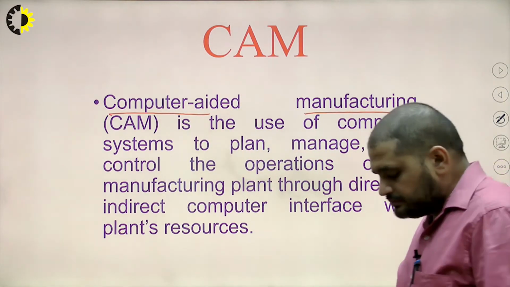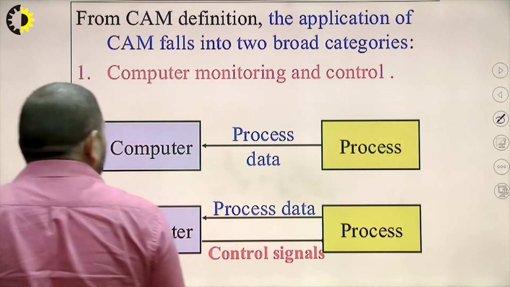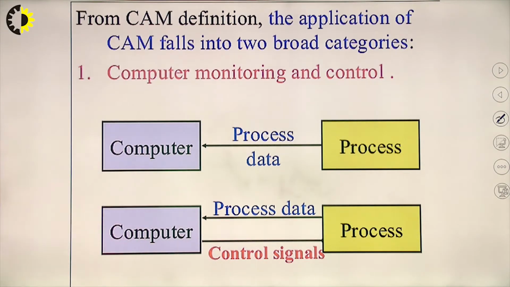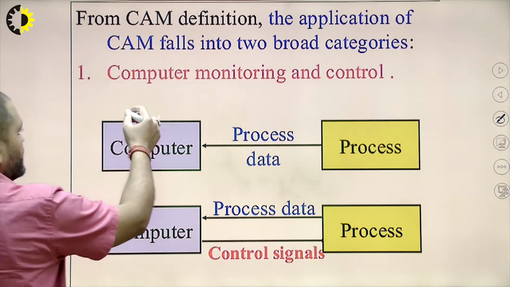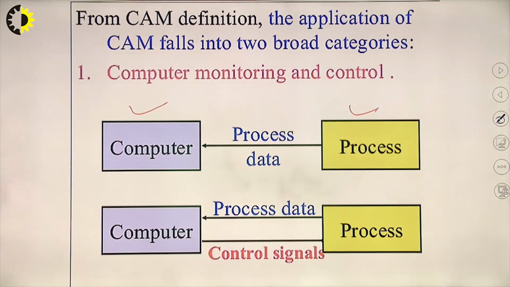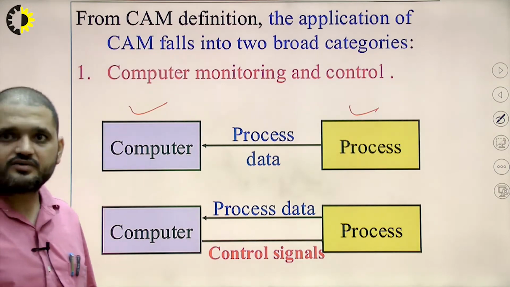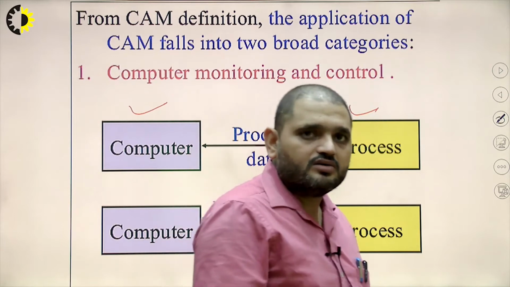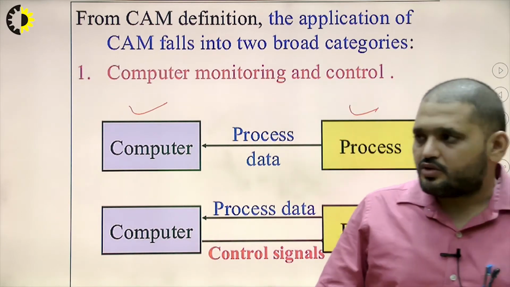Basically, here we have computer monitoring and control. There is a computer and a process. Data is given from the process to the computer, and then accordingly the computer sends control signals, and this is how things are controlled and monitored.